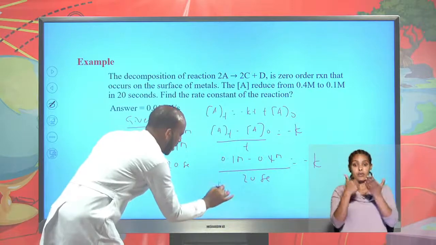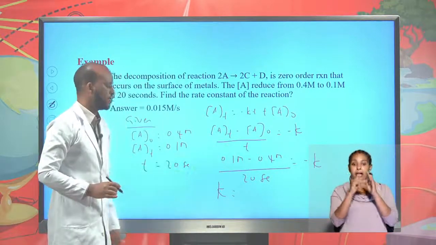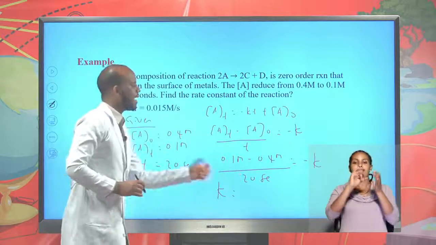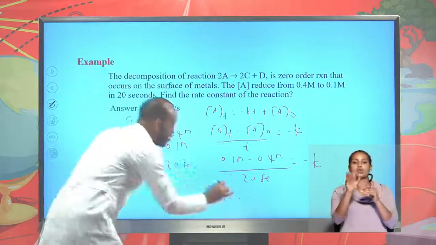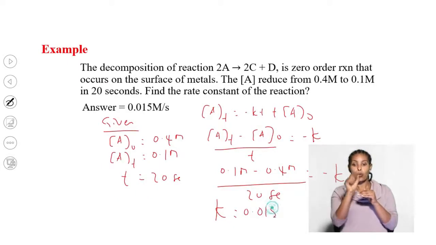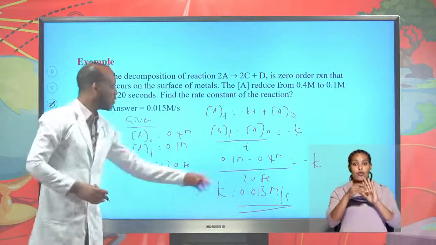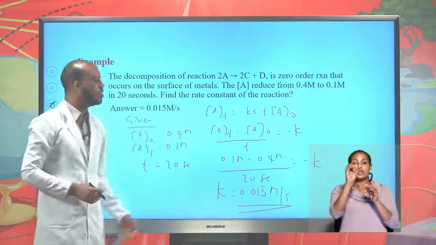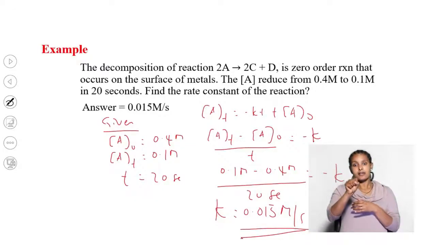From this, k equals 0.1 minus 0.4, which is minus 0.3, divided by 20, times minus 1. k equals 0.015 molar per second. The unit of the rate constant for a zero order reaction is molar per second. Therefore, the value of k is 0.015.